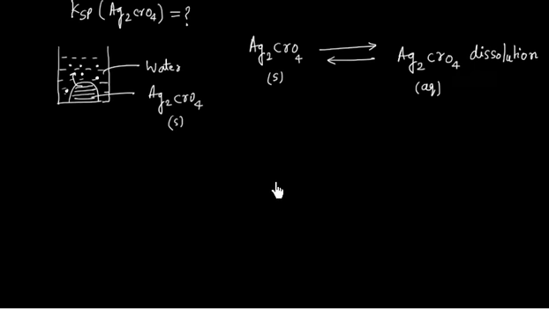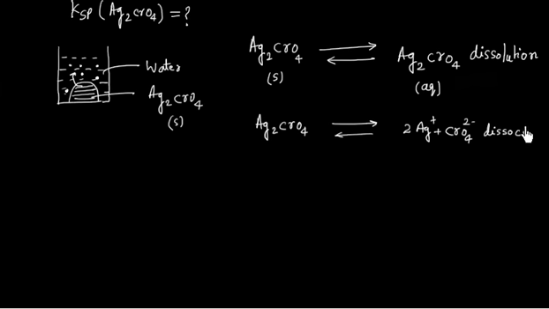Now the dissolved Ag2CrO4 can dissociate and it can give 2Ag+ and CrO4 2-, and this process is called dissociation or ionization. So this is dissociation.